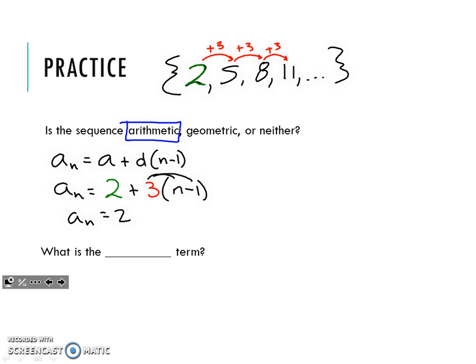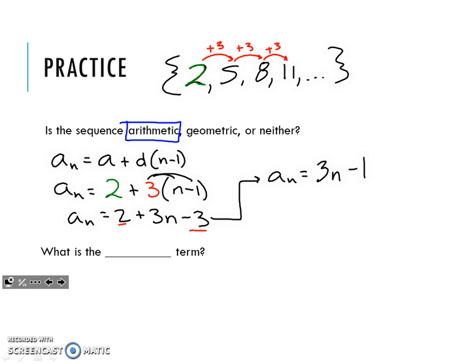So I would distribute my 3 in, which gives me a 3n minus 3. And then I would want to combine my like terms, 2 and negative 3. So I get that my nth term formula is going to be a sub n equals 3n minus 1.